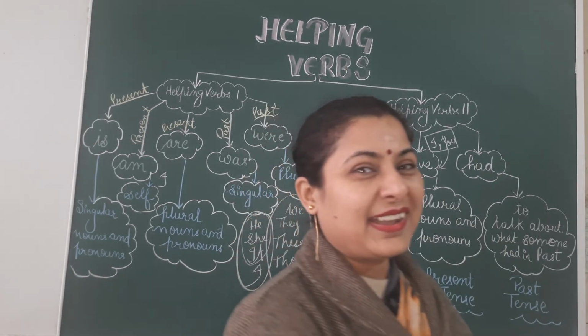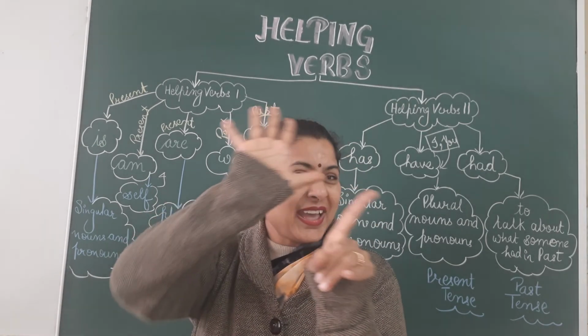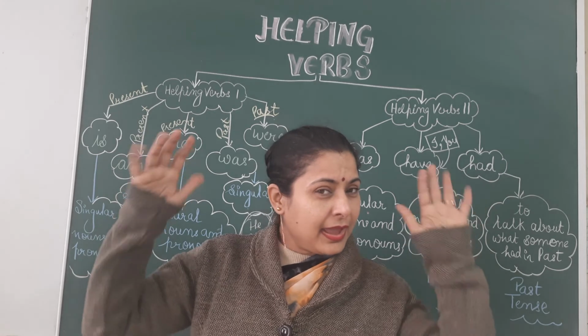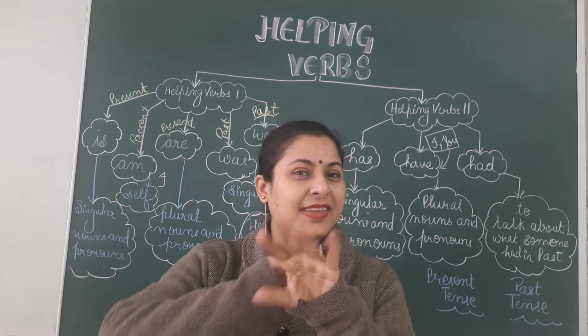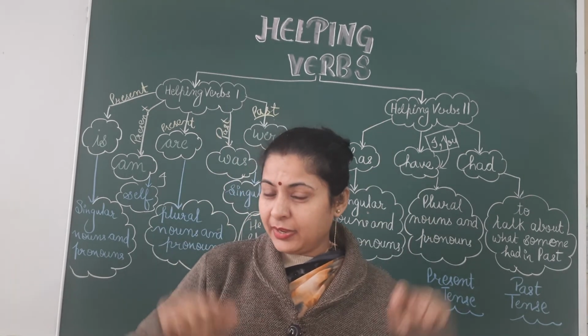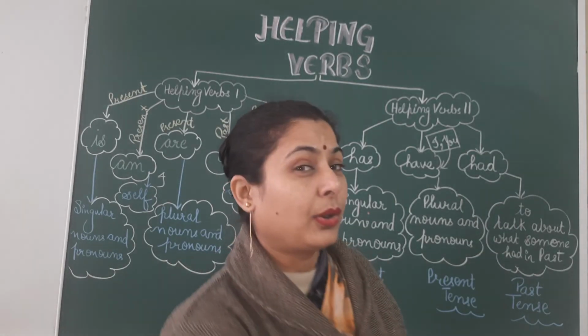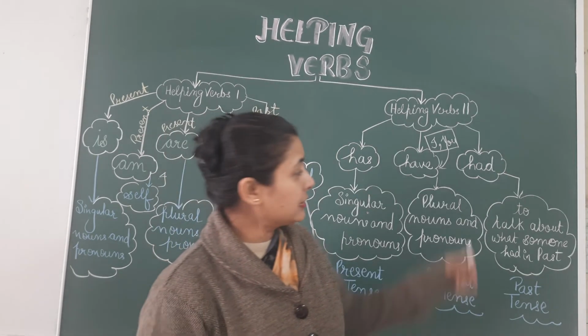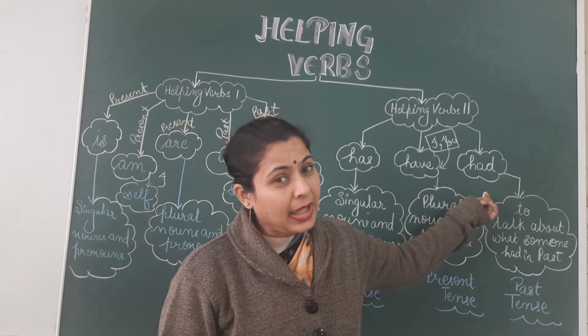Let us start. Has one, have many, had gone. Right? Because we are using the actions that have already been finished in the word had.